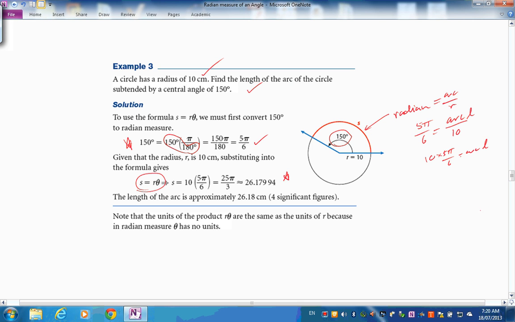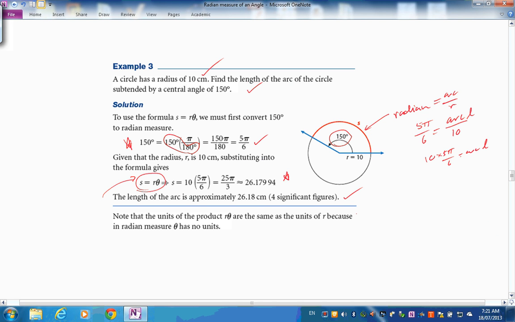Instead of theta is arc length over radius, use arc length equals radius times theta. So we would generally make it 3 significant figures, actually 26.2. In the IB they have the rule or convention that you state your answer exactly, or to 3 significant figures, or as required by the question.